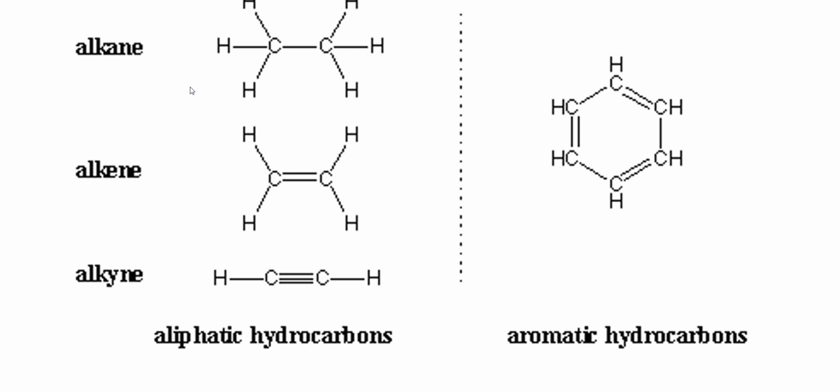The alkanes are characterized by a single bond, but we also have the alkenes, which have a double bond, and the alkynes, which have a triple bond. These compounds are aliphatic because they have long chains, but on the other hand we have the aromatic hydrocarbons.